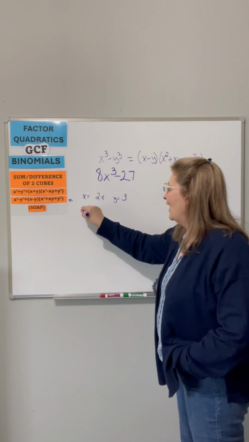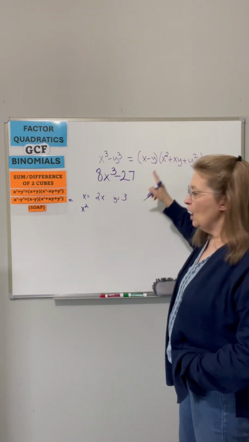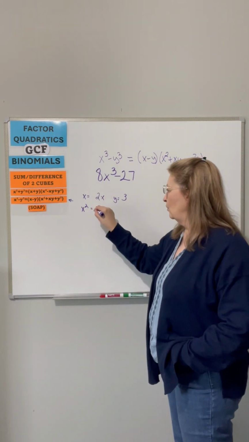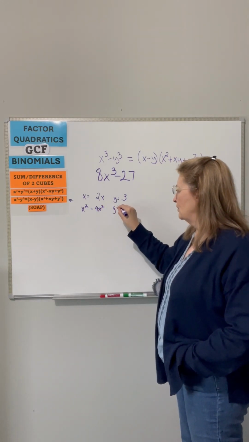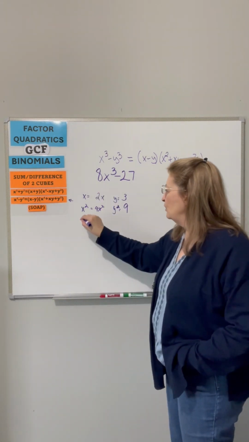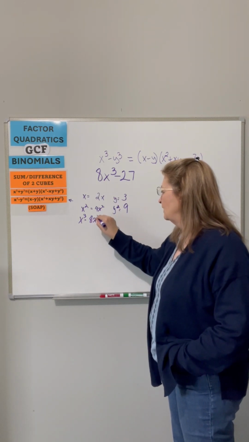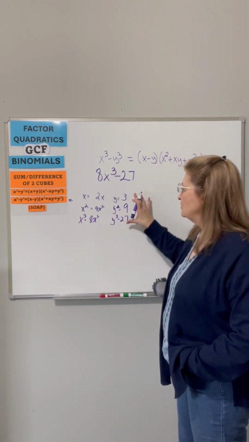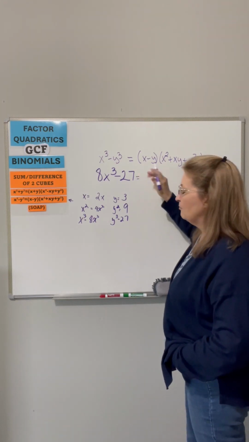All right, if I also need to know an x squared, because my formula has an x squared, what would this root squared be? Well, that would be 4x squared, wouldn't it? What would this root squared be? That would be 9. And we know that our x cubed was what we started off with. That was 8x cubed, and the y cubed is 27. So now I have a value for all of these things in my formula.